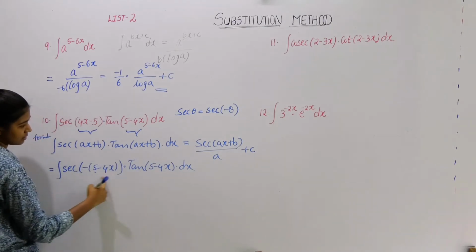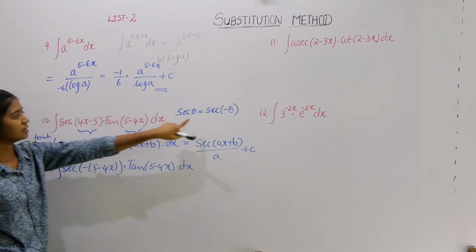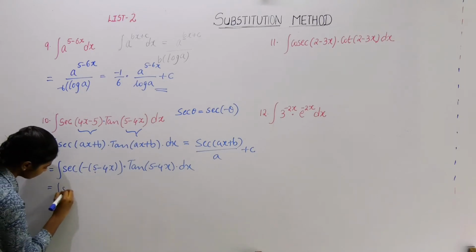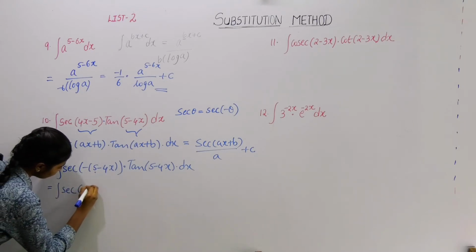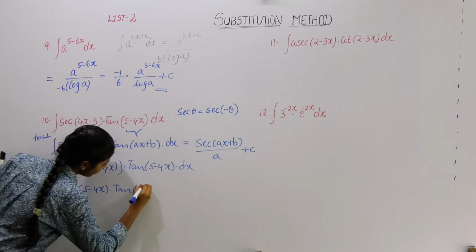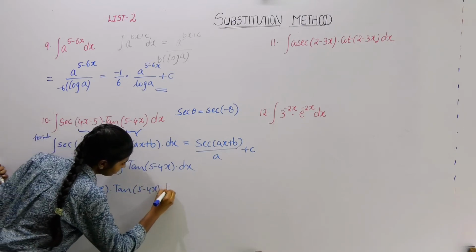Now the two angles are same. We know secant of minus theta is equals to secant theta. Therefore in the next step we write secant of 5 minus 4x into tan of 5 minus 4x into dx.